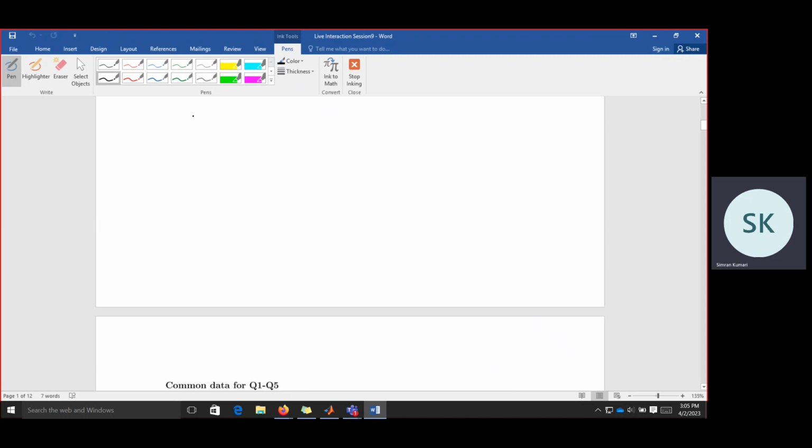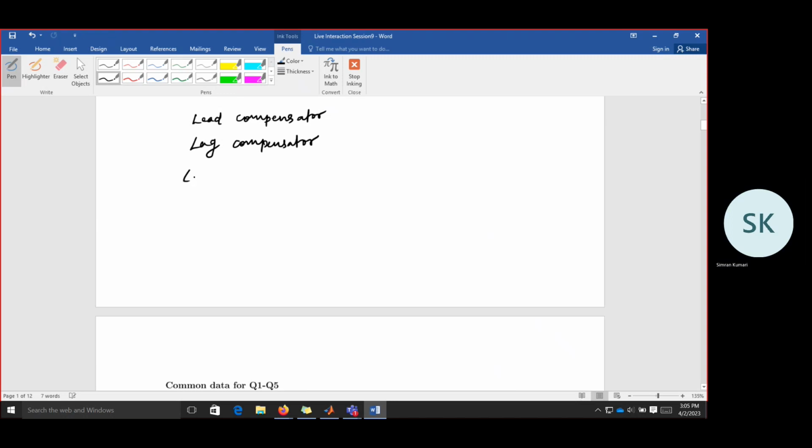This time we'll be doing this in frequency domain: design of the lead compensator, lag compensator, and lead-lag compensator.